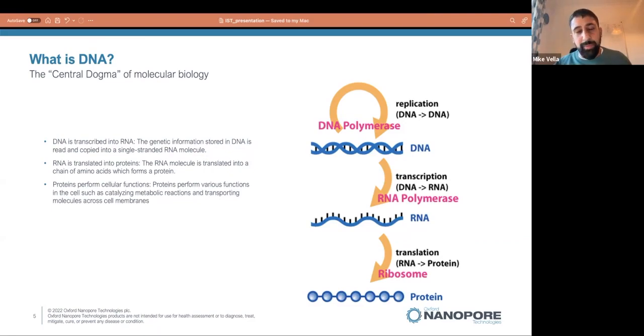So proteins perform functions in the cell, like catalyzing metabolic reactions, transporting molecules across cell membranes, and so on. If there's one fact about molecular biology, or perhaps biology more generally, that is worth knowing, it is this. It's the central dogma of molecular biology. DNA makes RNA, RNA makes protein, and protein is the basis of life.